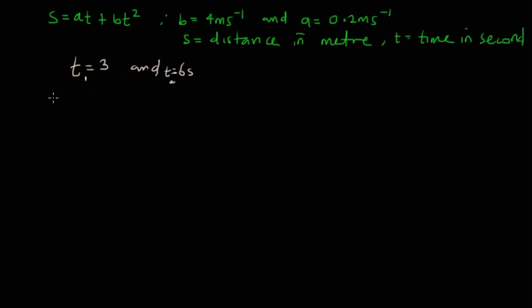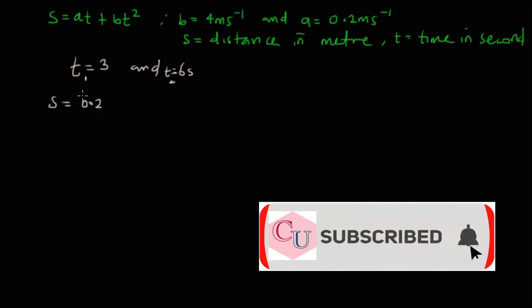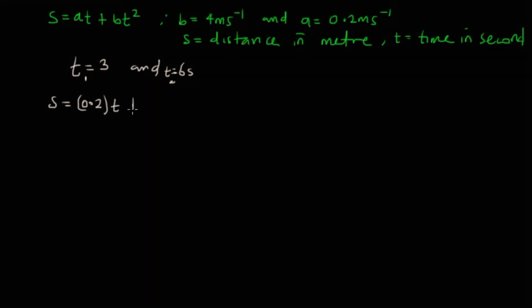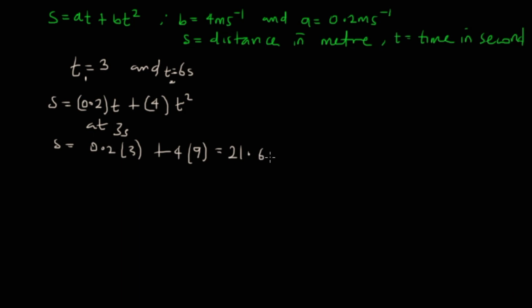Now, since s is in meters and then we know the value of a which is 0.2 meter per second, and then t plus b which is 4 meter per second, and then t squared. So at 3 seconds, the value of s will become 0.2 multiplied by 3 plus 4 multiplied by 3 squared. 3 squared is 9, so we'll have equal to 21.6 meters.